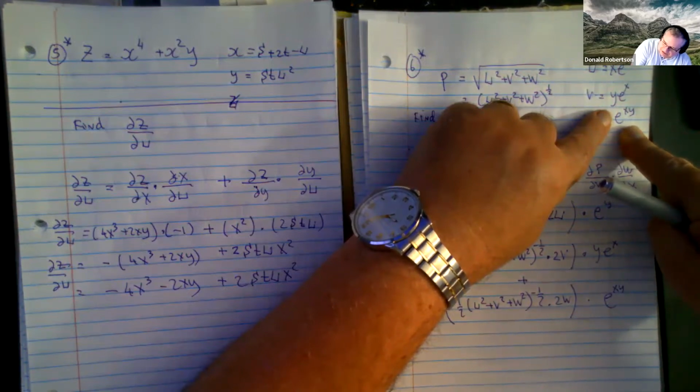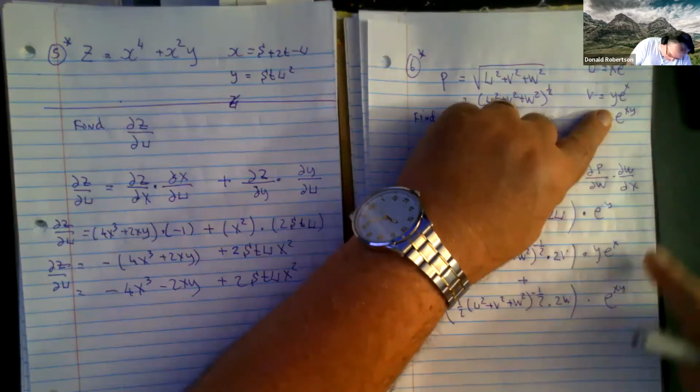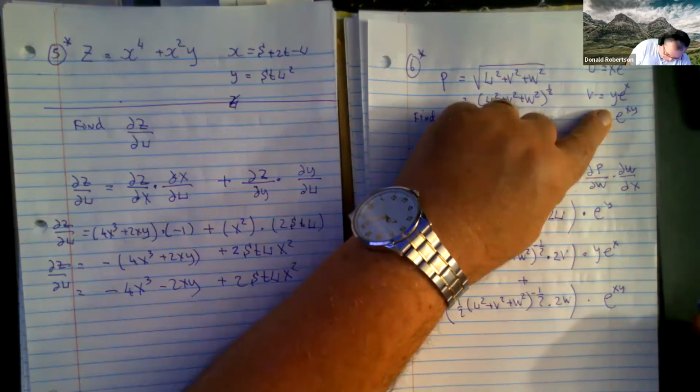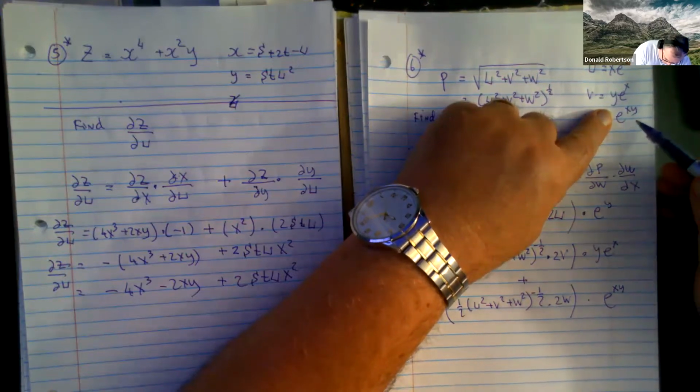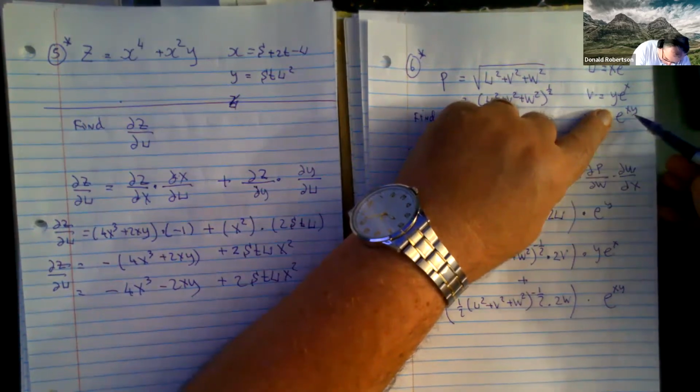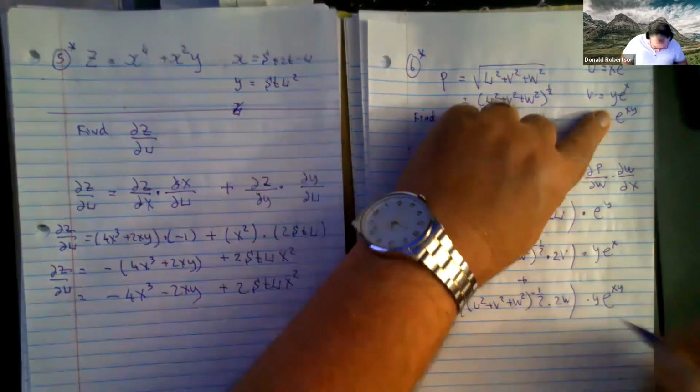The derivative of e to the 20x would get you e to the 20x times 20. The derivative of e to the xy will get you e to the xy times y. Thank you. There we go.